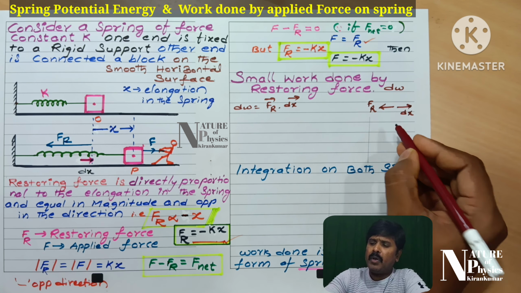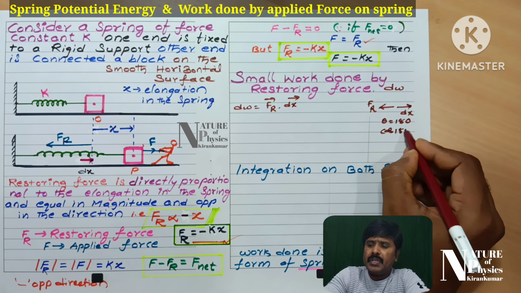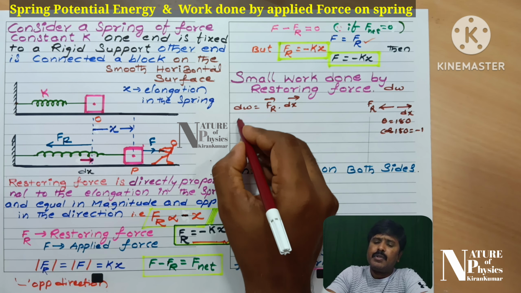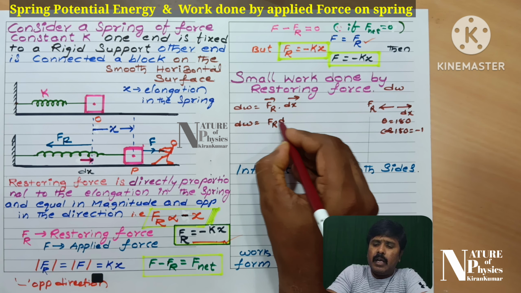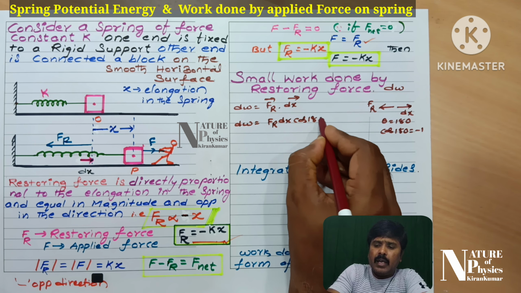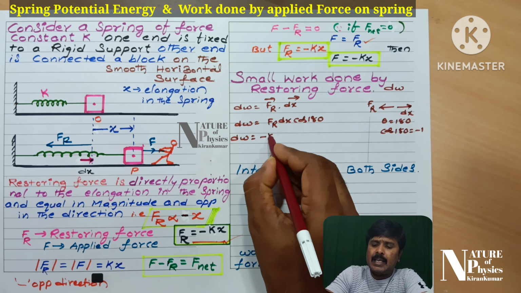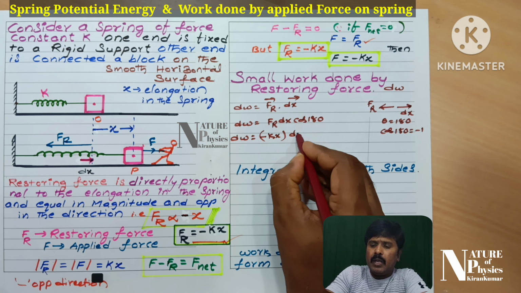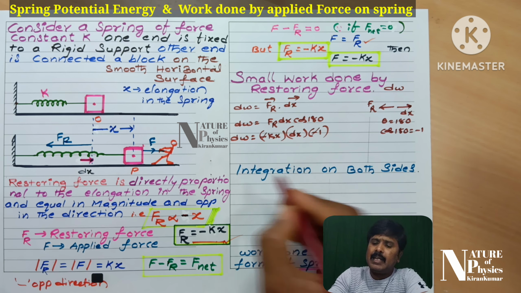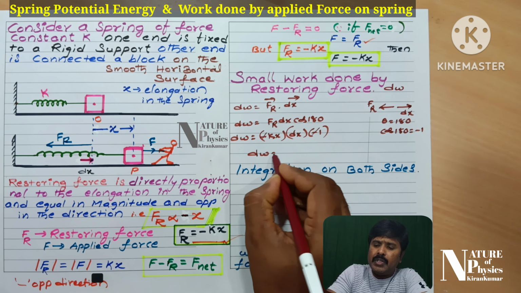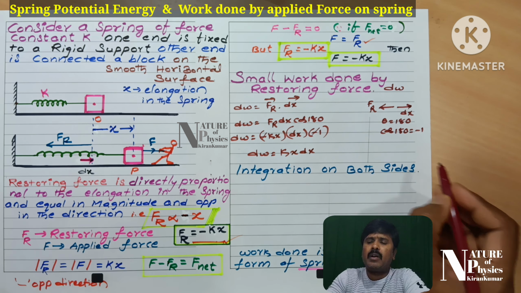Theta is equal to 180 degrees, and cos 180 is equal to minus 1. So dW is equal to Fr dx cos 180, which is equal to minus Kx into dx into cos 180, which is minus 1. This minus gets cancelled. Finally I got dW is equal to Kx dx. This is the small work done.